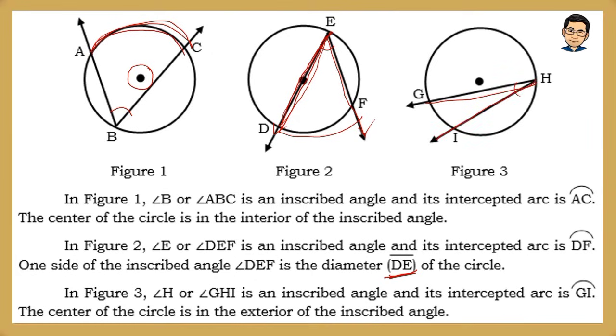The center of the circle is in the exterior of the inscribed angle. So, it is the opposite of figure 1. Our center is outside of the inscribed angle. Okay, so figure 3 is the opposite of figure 1.